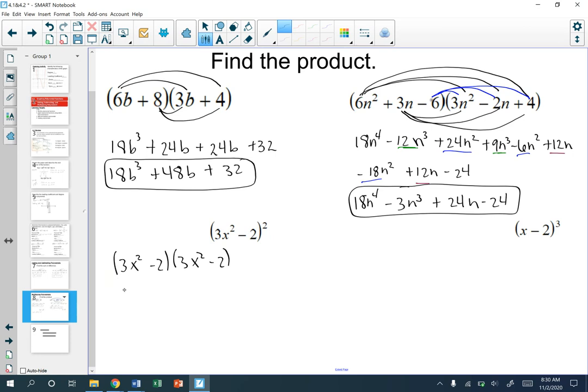Simply, 3x squared times 3x squared is 9x to the 4th. Then I have 3x squared times negative 2 is negative 6x squared. I move on to that negative 2. Negative 2 times 3x squared is negative 6x squared, and negative 2 times negative 2 is positive 4. Again, combine like terms.